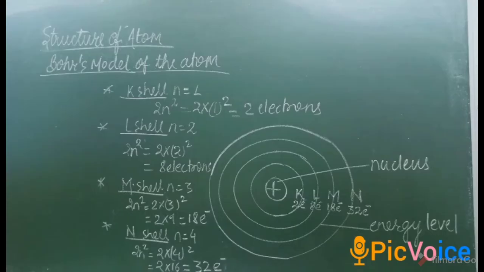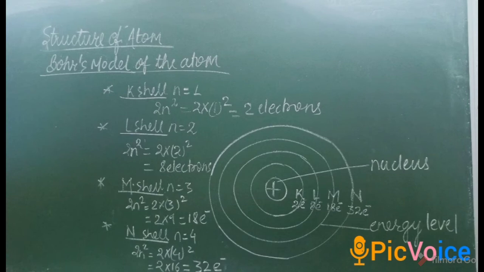Now next is the distribution of electrons in particular shells. The maximum number of electrons which can be accommodated in any energy level or shell of the atom is given by 2n², where n is the number of the energy level or shell from the nucleus.